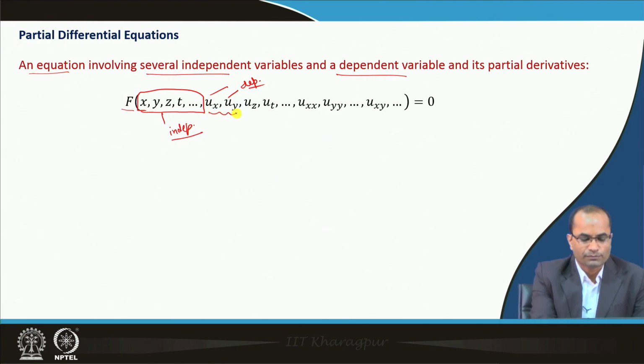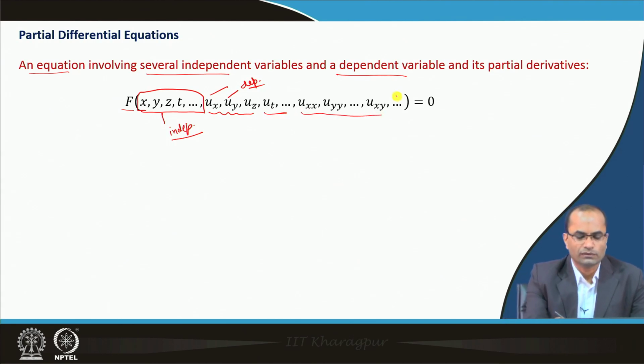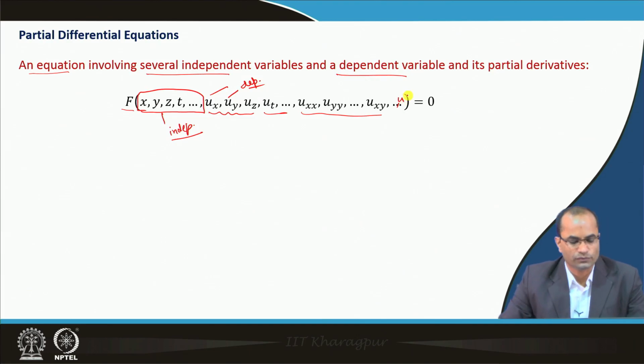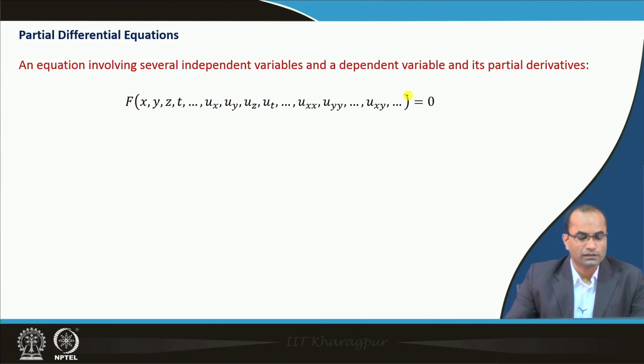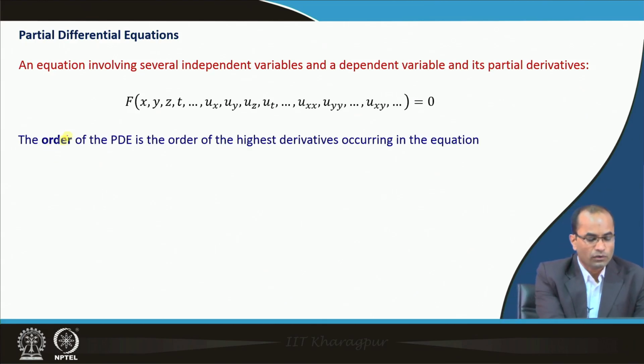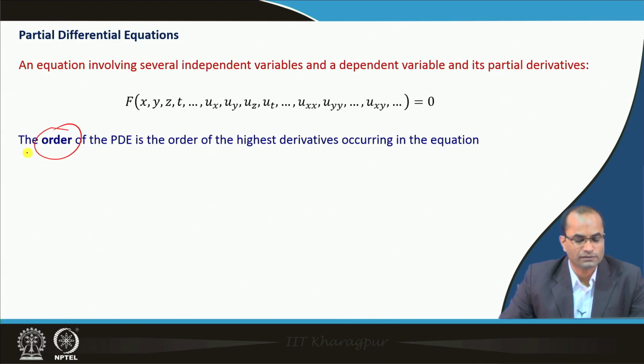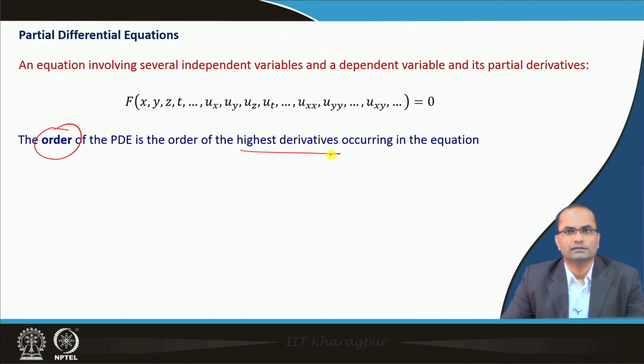We have first order partial derivatives, and then second order partial derivatives, and so on, and it may also depend on u, of course. Such a relation is called a partial differential equation, and the order of a partial differential equation is the order of the highest derivative occurring in the equation. For instance, if the order of the highest derivative is 3, then we call the order of the partial differential equation 3.